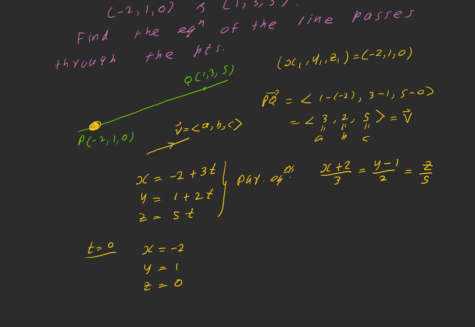That is a point on the line, which is the point P. Then t equal 1, you will get x equal 1, y equal 3, z equal 5. So that is the point Q.